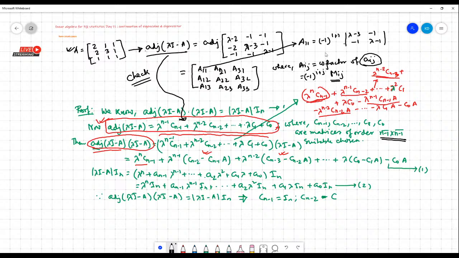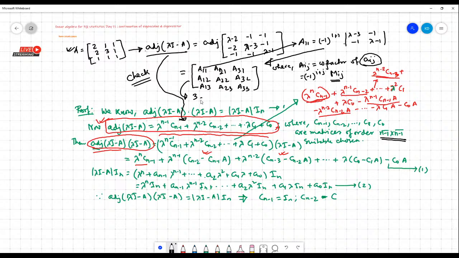And so on. So you can easily, after replacing all the values of lambda, A11, A21, A31, A12, A22, A32, A13, A23, A33, convert this matrix as a sum of three matrices, because here n is three.